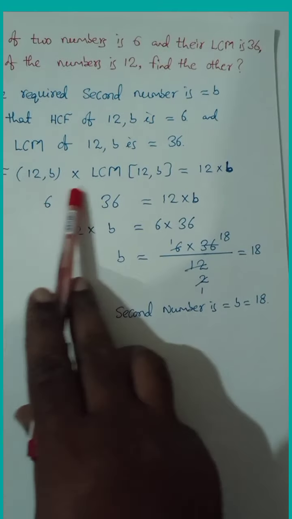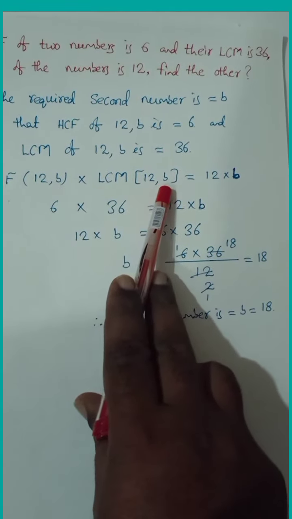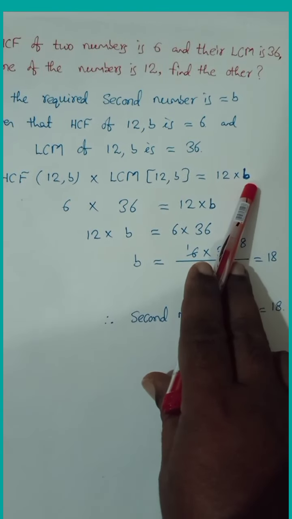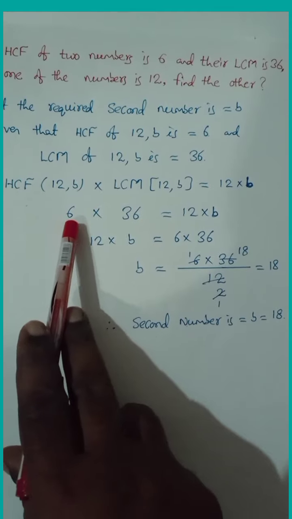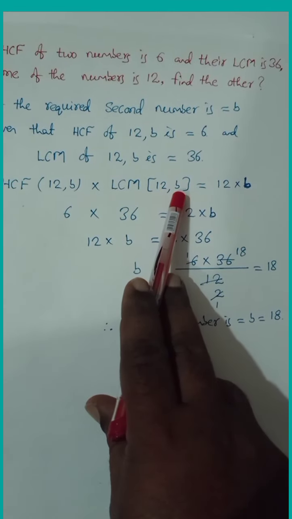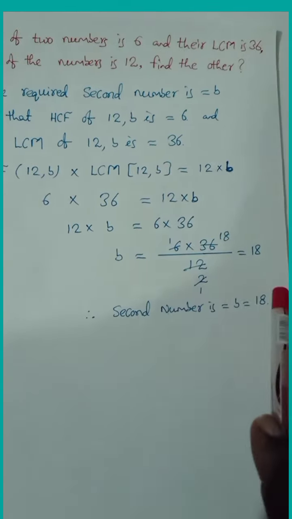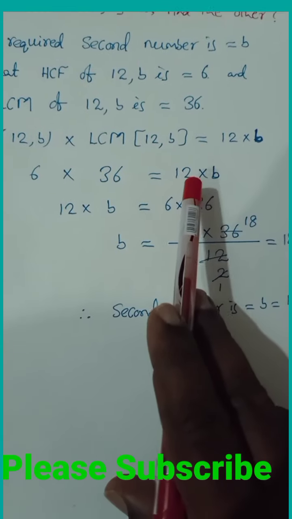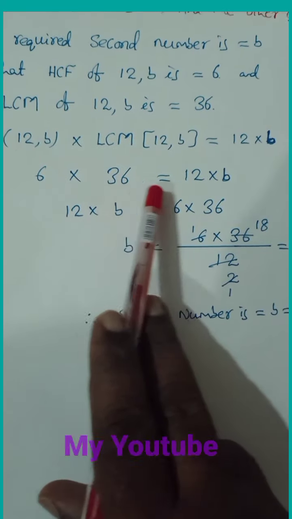Now using this rule, HCF of 12, b into LCM of 12, b is equal to 12 into b. Here HCF of 12, b is equal to 6 and LCM of 12, b is equal to 36, so 6 into 36 is equal to 12 into b. Now we write 12 into b on the left side and 6 into 36 on the right side.